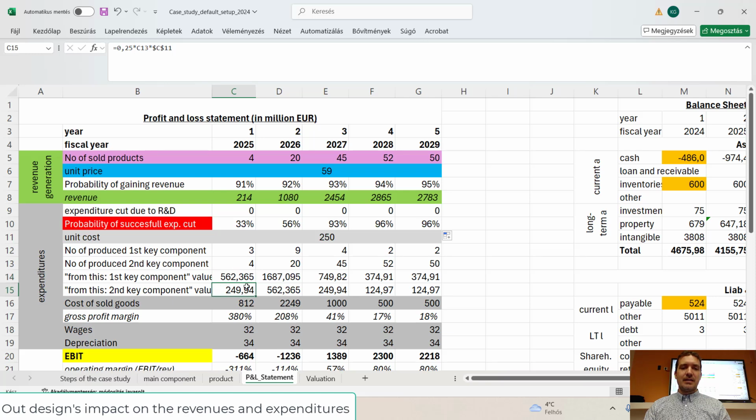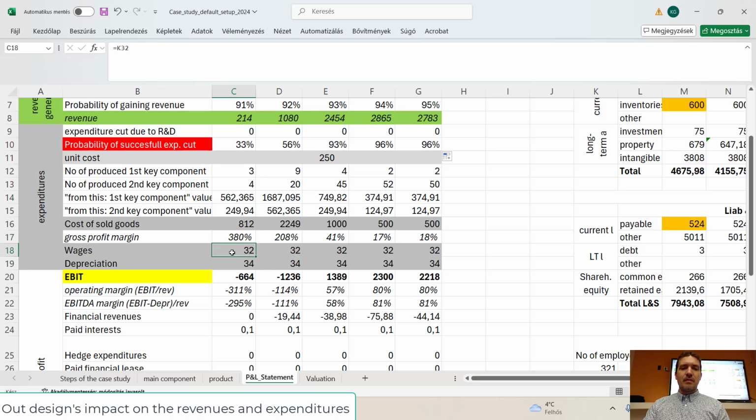So we can see that we have to spend this amount of money on first stage manufacturing, and this amount on second stage manufacturing, which will be really funny, because once we are able to recover the first stages, their ratio will be way smaller than at the beginning. Is it? Not so much. Okay, but yes, because this one is half and this one is not half. Cost of sold goods, we have the data here, and after that the gross profit margin is this one.